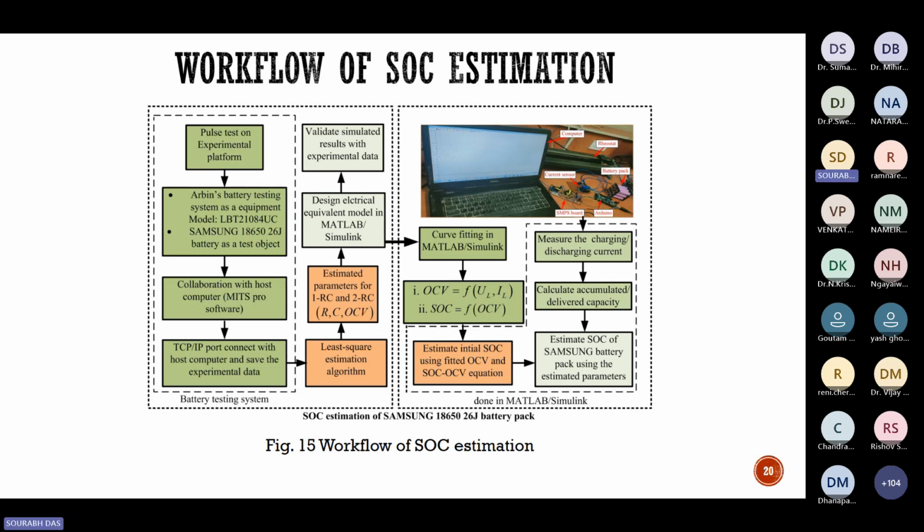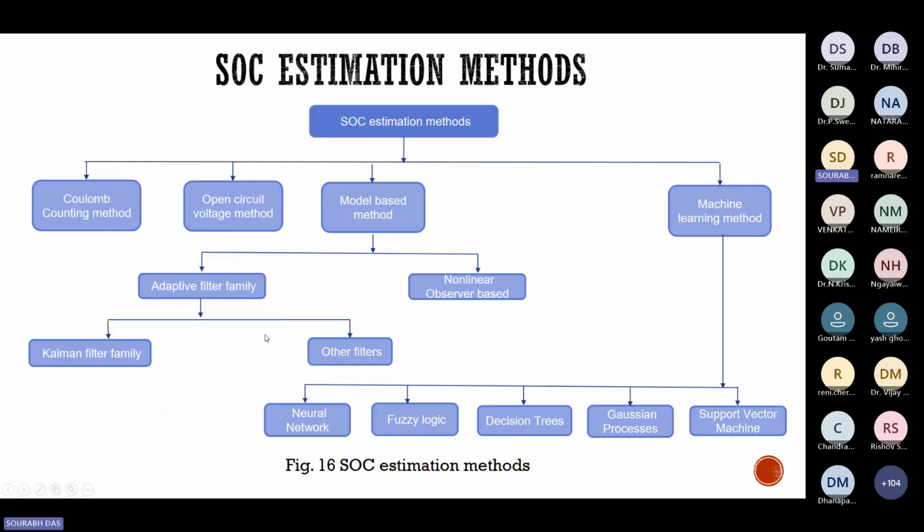So now we can explain the SOC estimation methods. What are the SOC estimation methods used in the literature? First is the Coulomb counting method. It is one of the simplest SOC estimation techniques, relying on integrating the current flow delivered or accumulated from the battery over time.